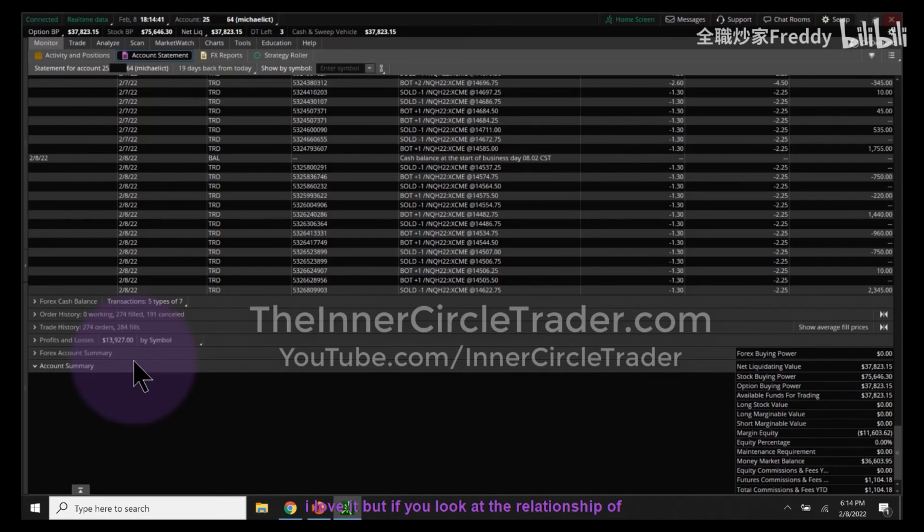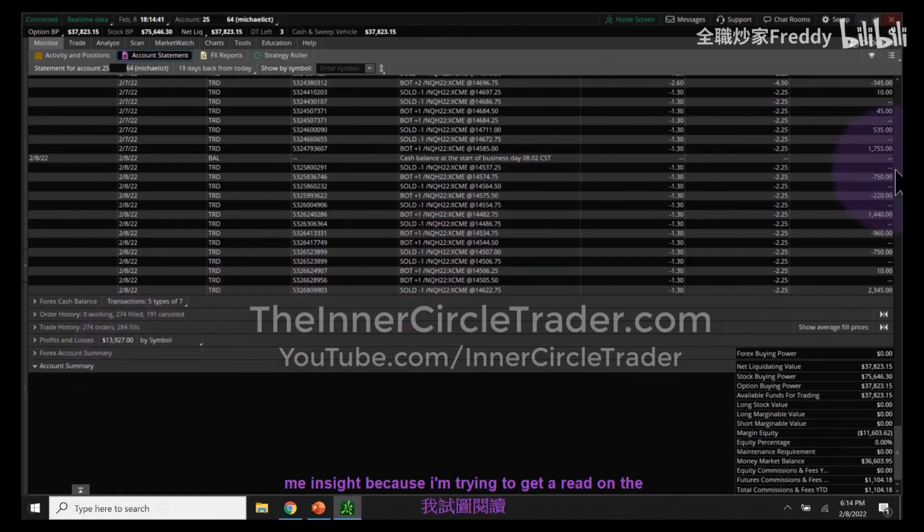I love it. But if you look at the relationship of how these negative trades give me intel, they give me insight, because I'm trying to get a read on the next swing on that daily chart. These are all small little investments on me getting a better read on that. See, you think that your trading account's never going to have any of these in them.